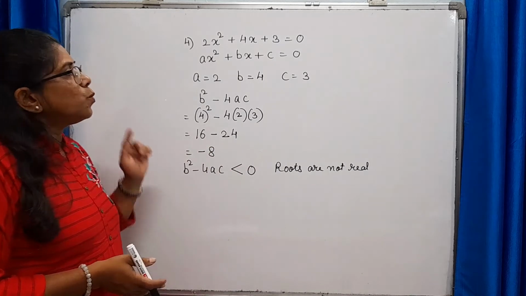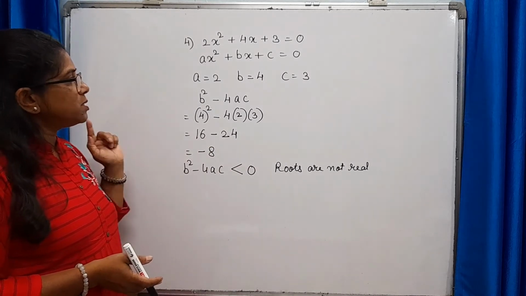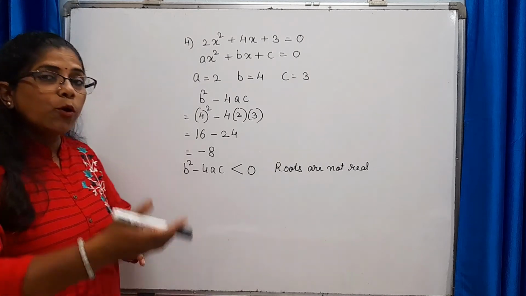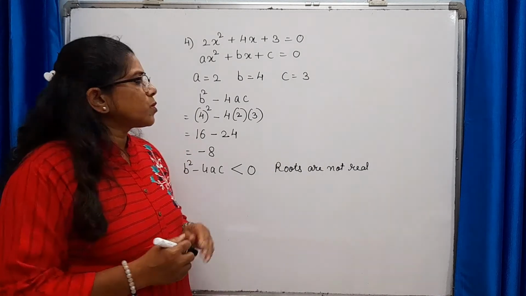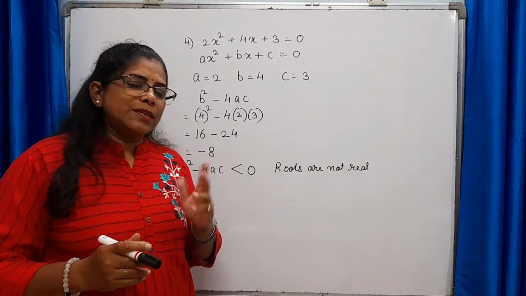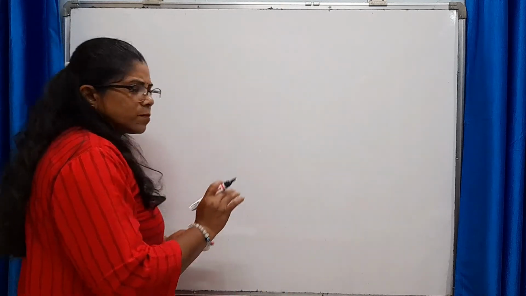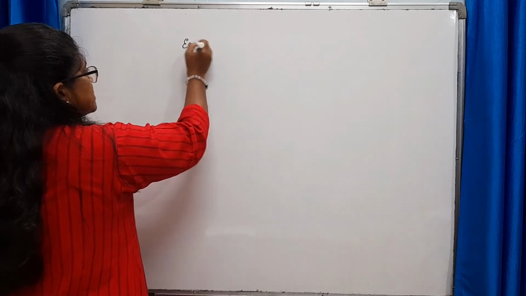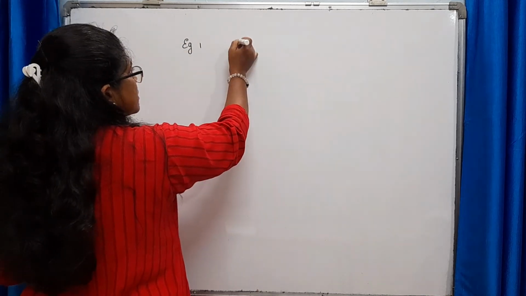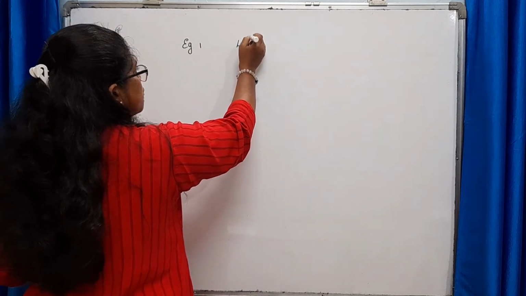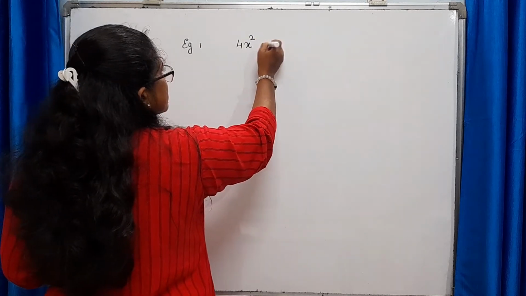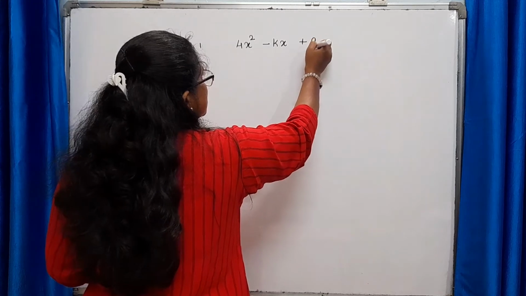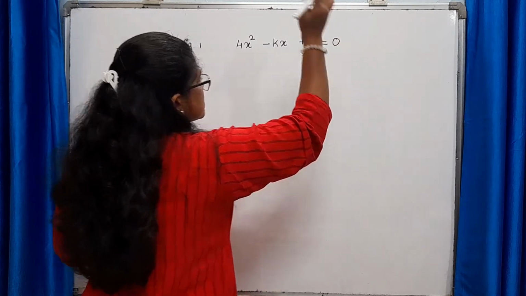Now as I said, one more type of sum is asked based on this, an important type of sum. So what type of sum is asked? Let's see. Example 1, the given equation is 4x square minus kx plus 9 is equal to 0.